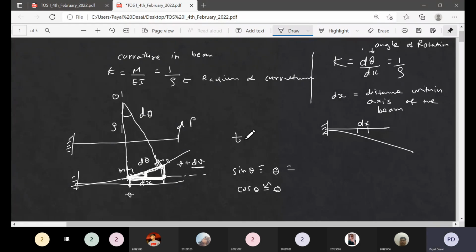Okay, so I can write tan theta as theta, which will be dv by dx. And you can write, of course, cos theta as dx by ds. That is about this curve.